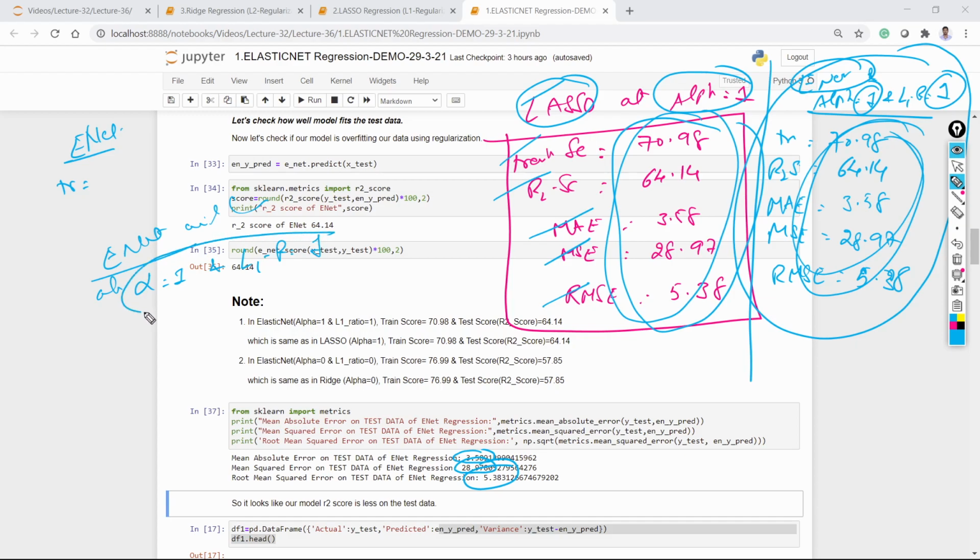The same values will be obtained when you apply the lasso regression.